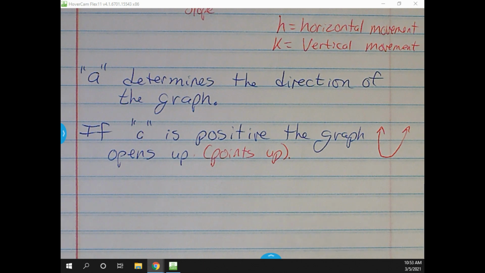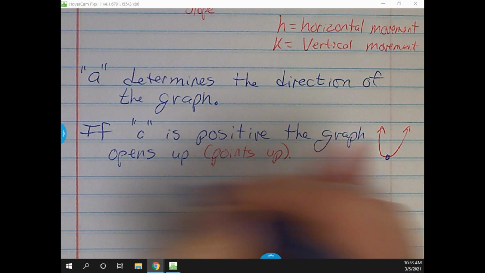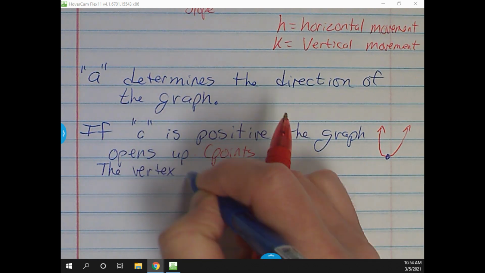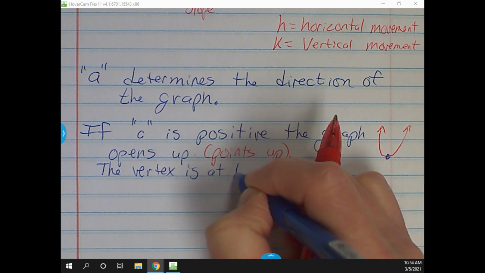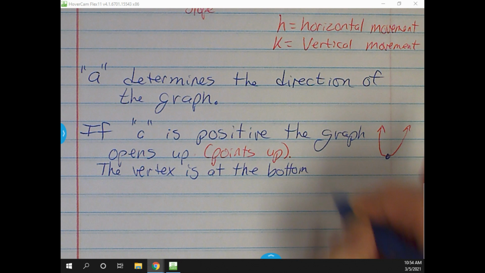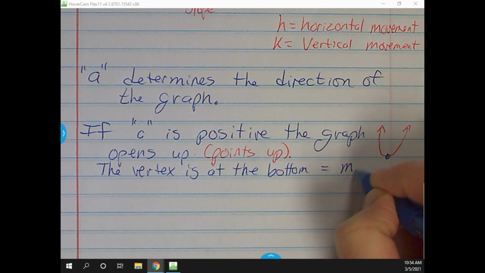All right, now here's the thing you have to catch with this one. If you do a graph like this, the vertex would be at the bottom. And if the vertex is at the bottom, that's going to be a minimum point.